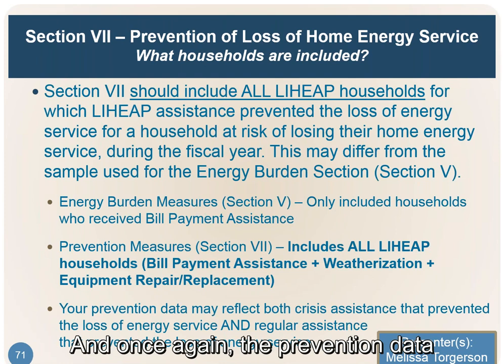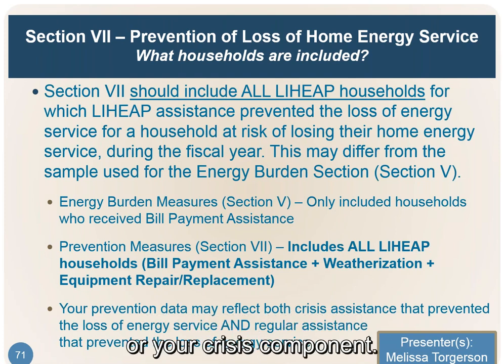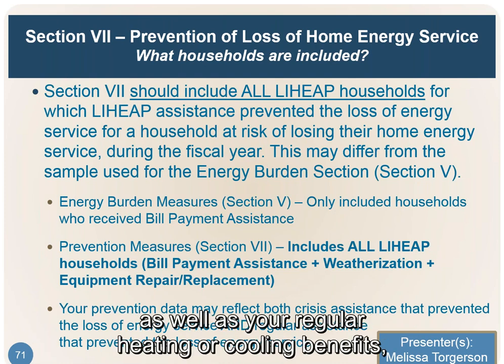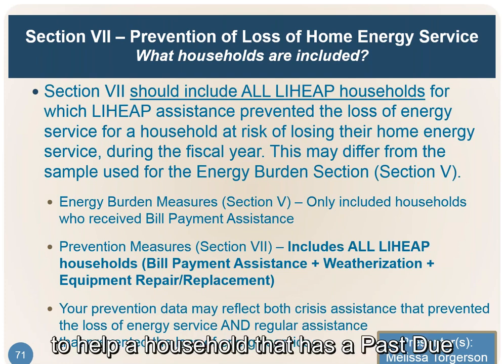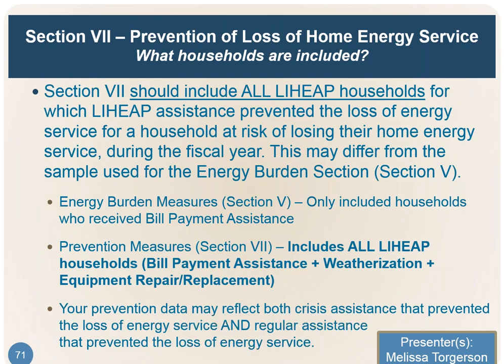And once again, the prevention data isn't always just going to be your crisis component. You're going to be looking at perhaps your weatherization as well as your regular heating or cooling benefits, because oftentimes they're used to help a household that has a past due or a disconnect notice on their utility bill.